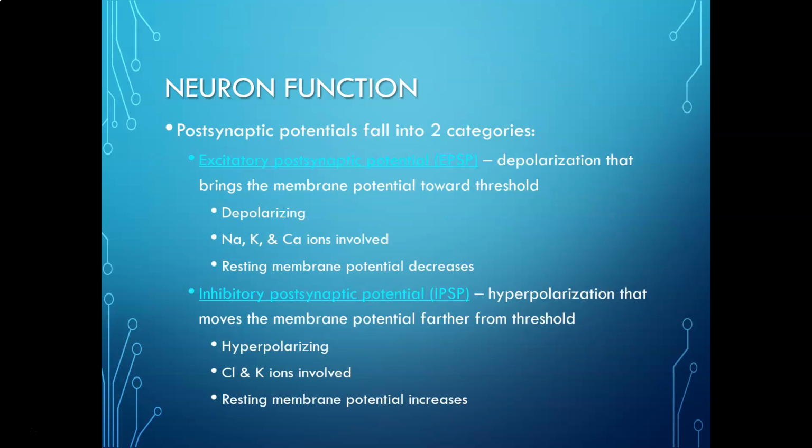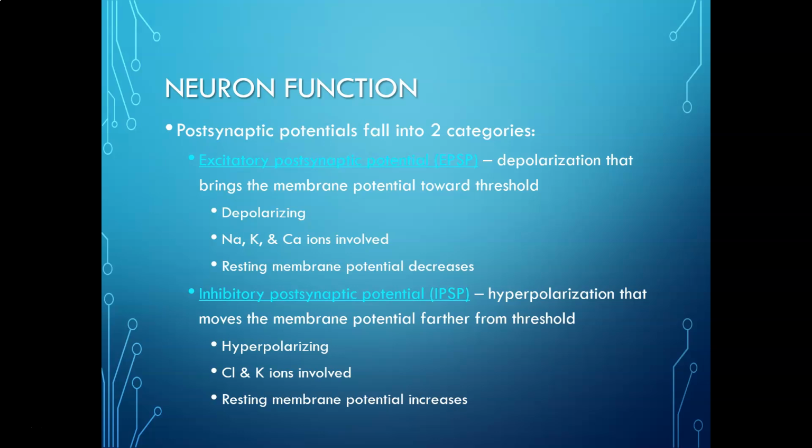Those postsynaptic potentials end up falling into two categories. Am I going to cause that next postsynaptic cell to also have the potential to send another action potential, in which case we would talk about an excitatory postsynaptic potential? I'm going to cause that next neuron to also depolarize, moving it away from its resting potential.